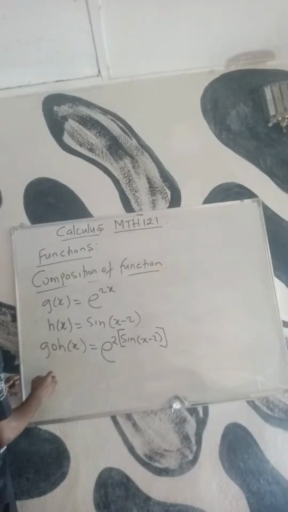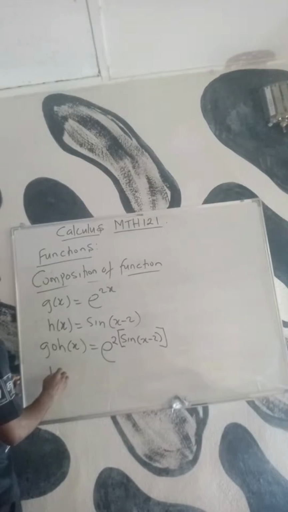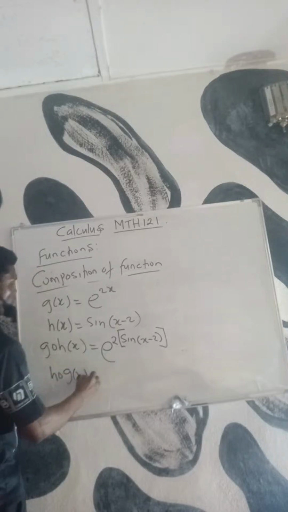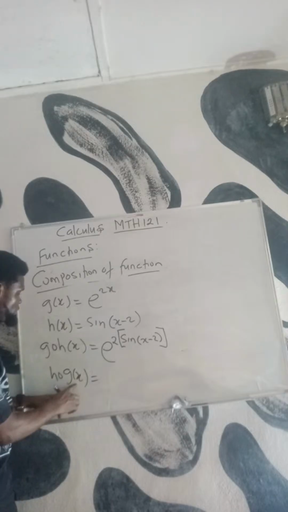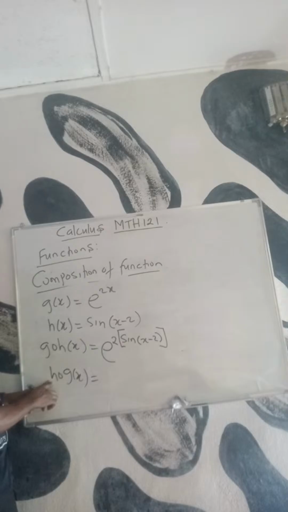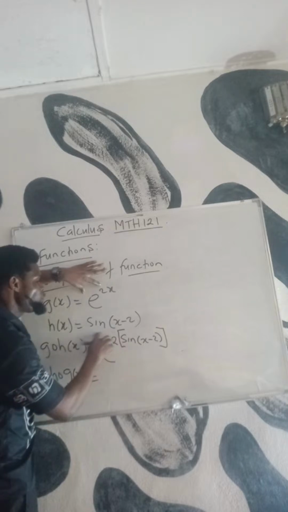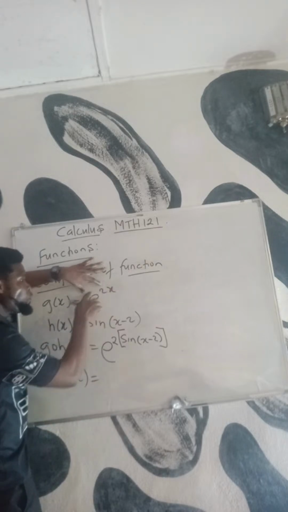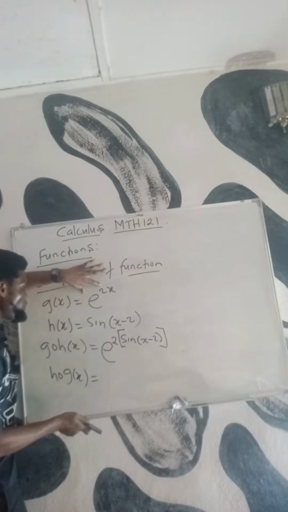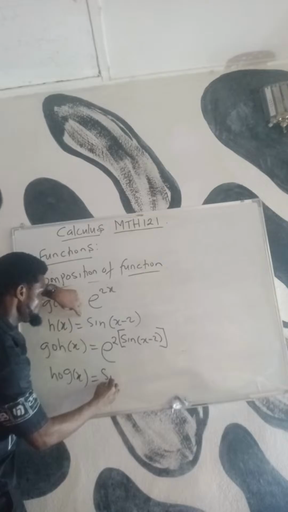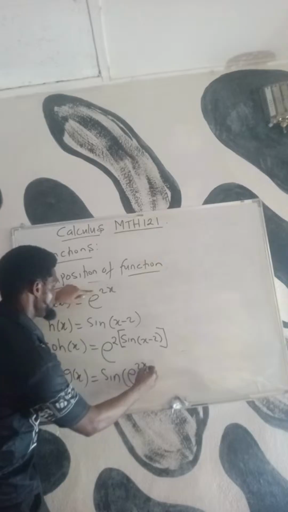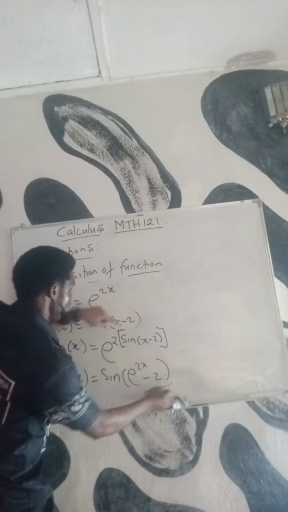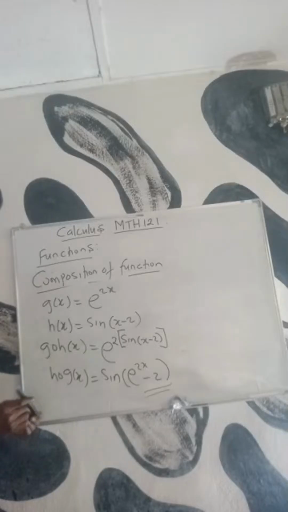But if I'm looking for h of g, I carry g and put it inside h. The exponential function will occupy the x. That is the composition of two functions.